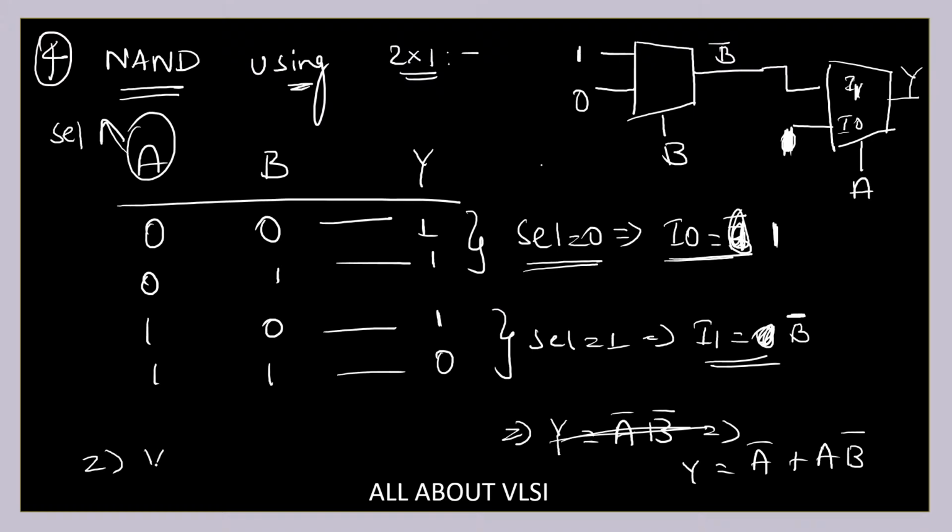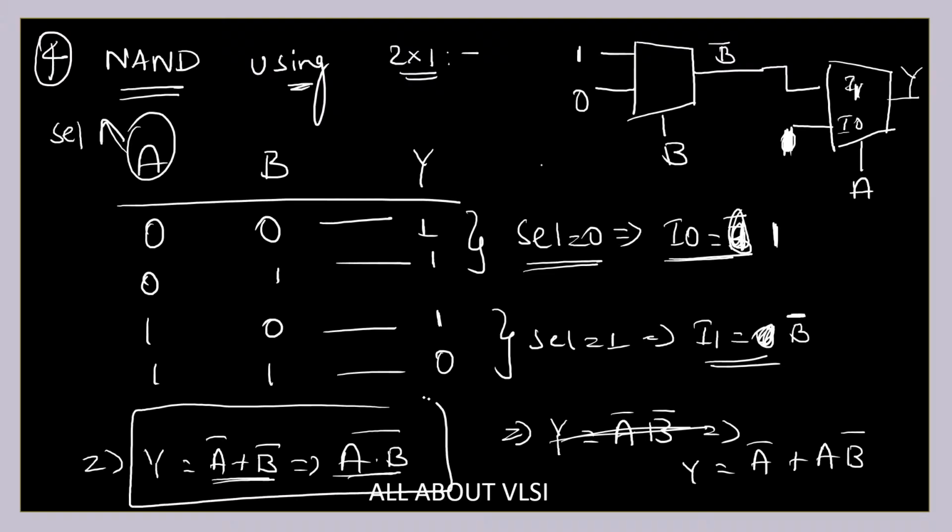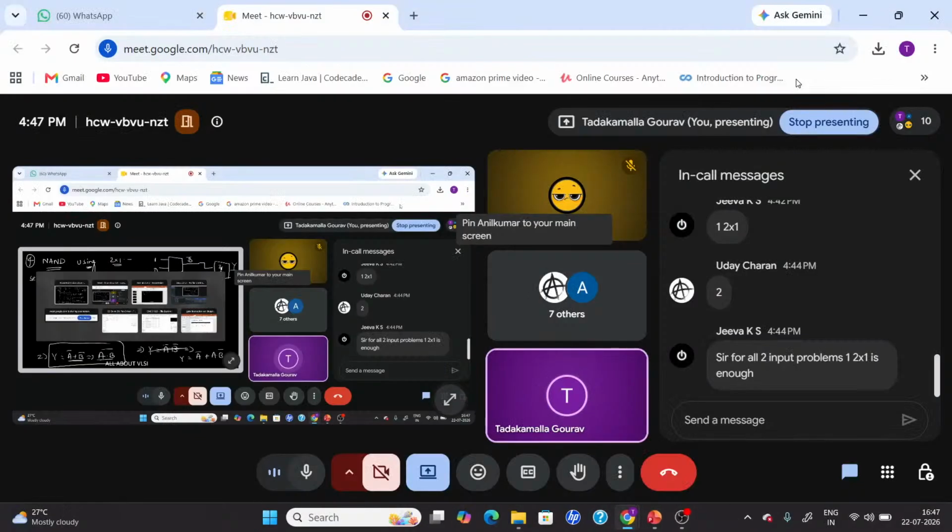That means your y will be equal to A complement plus B complement. And if you apply De Morgan's law, you're going to get A dot B whole bar. This is the NAND gate. So just reverse them, or else I have written I1 and I0. Yes. So this is how we are going to implement a NAND gate using 2 cross 1.